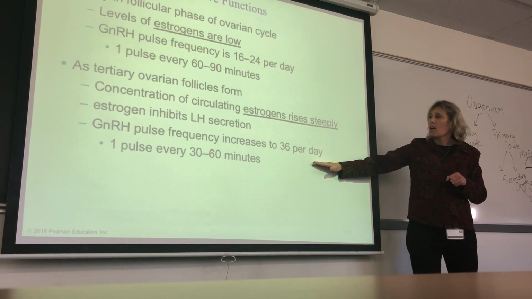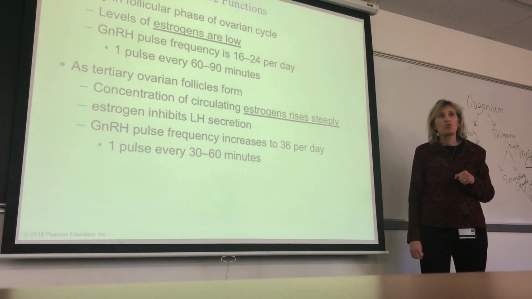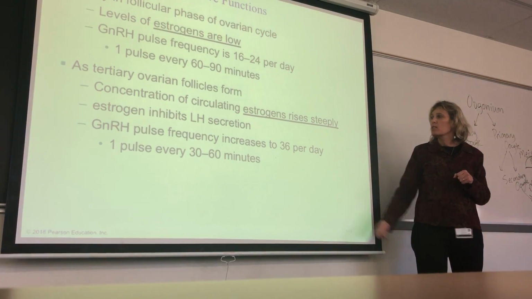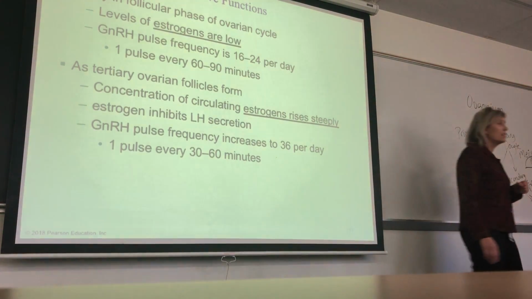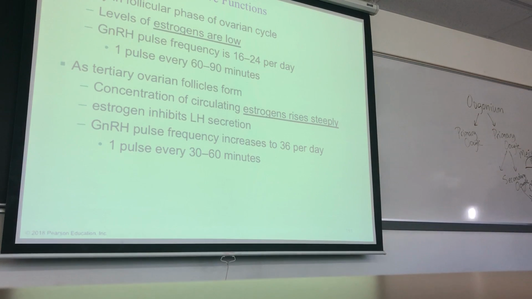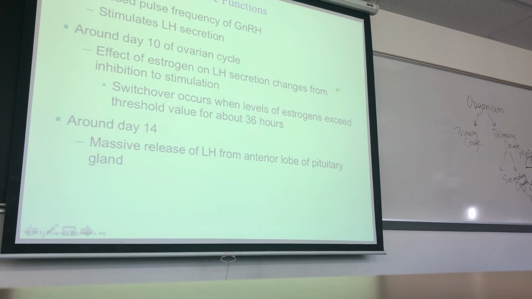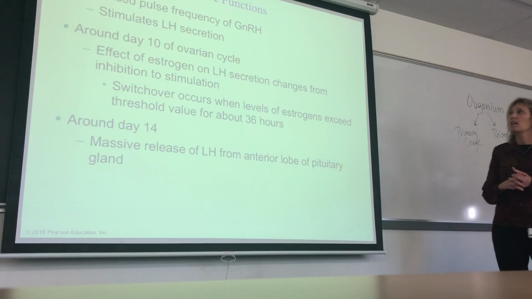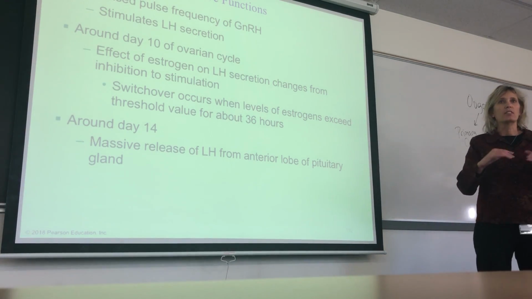Then the pulse frequency of the gonadotropic releasing hormone is going to increase to 36 per day. As estrogen levels rise, gonadotropic releasing hormone is going to rise. The increased pulse frequency is going to stimulate LH secretion. LH secretion then is going to cause ovulation.